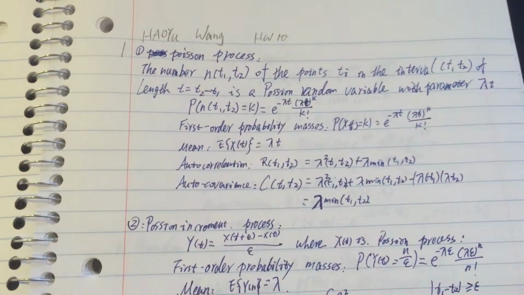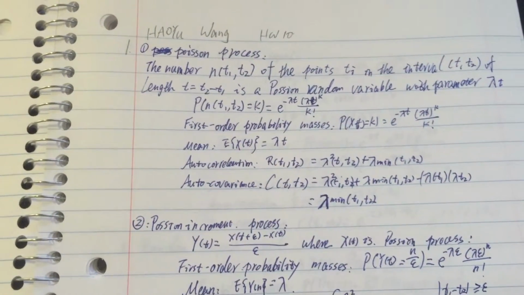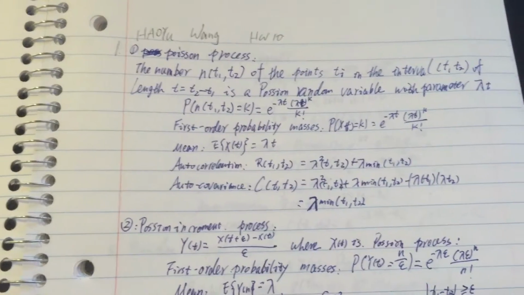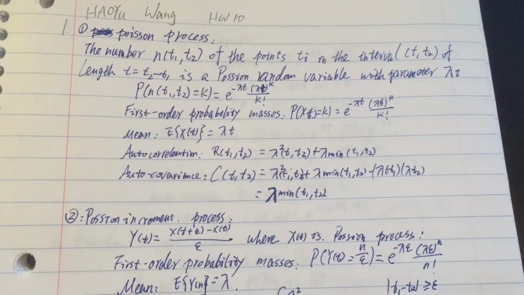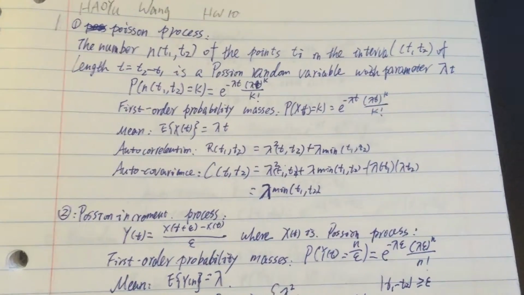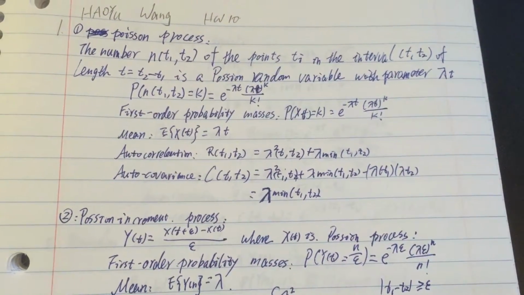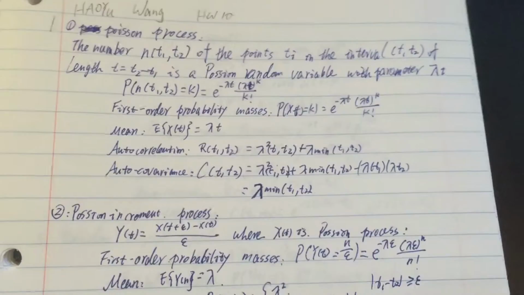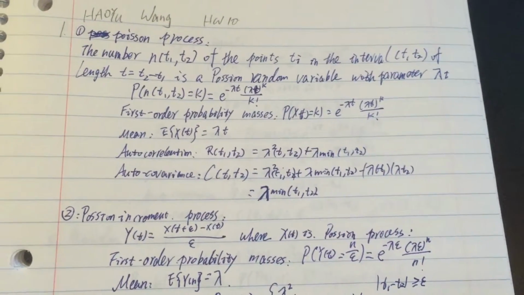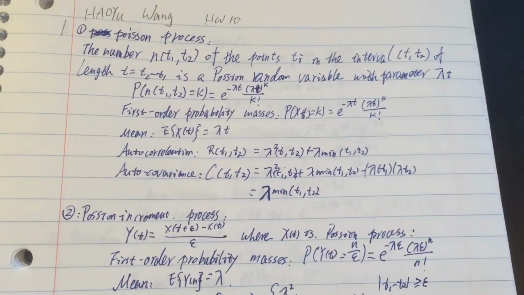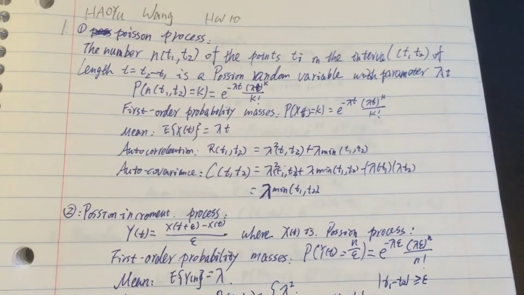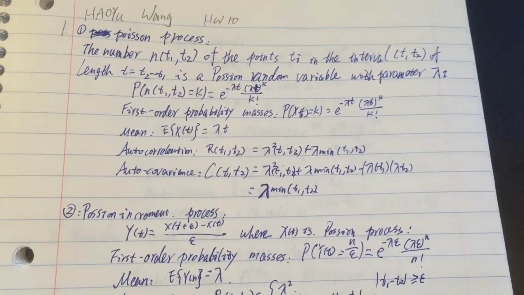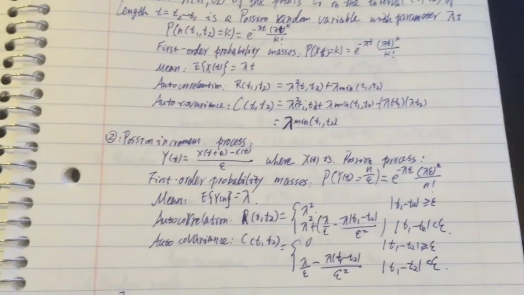The autocovariance is C(t1, t2) equal to lambda squared t1 t2 plus lambda times the minimum of t1 and t2 minus lambda t1 times lambda t2, which is equal to lambda times the minimum of t1 and t2.